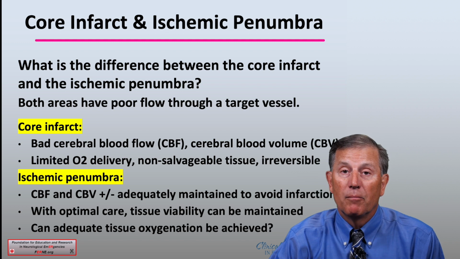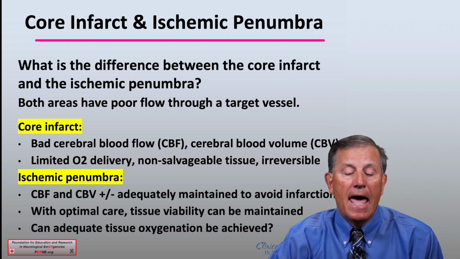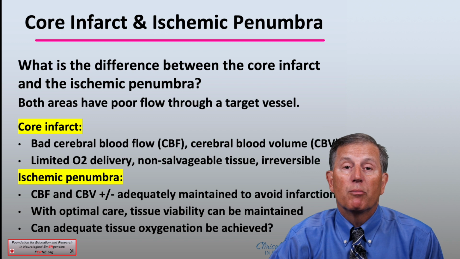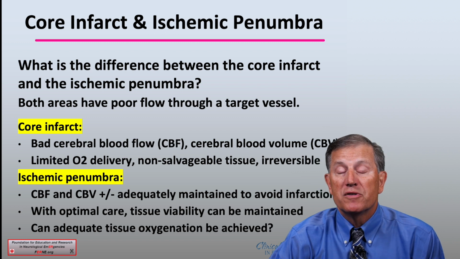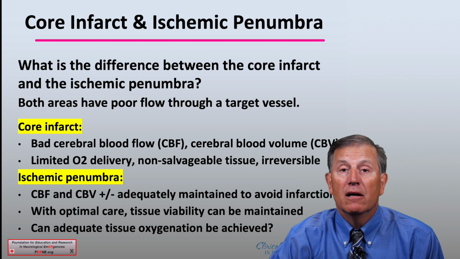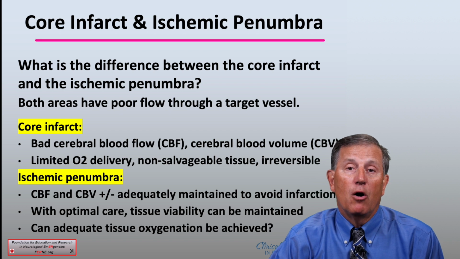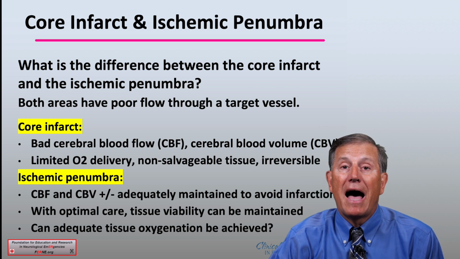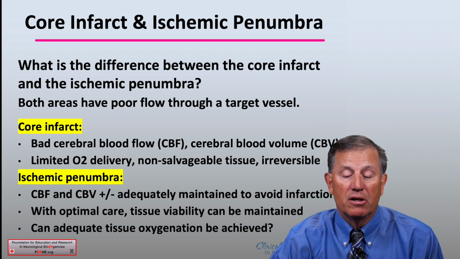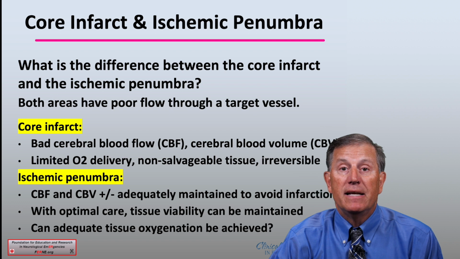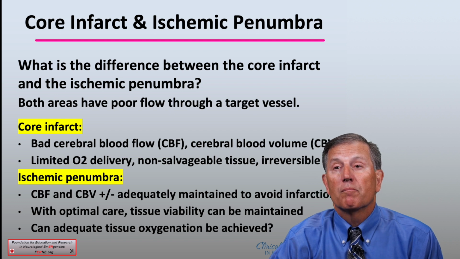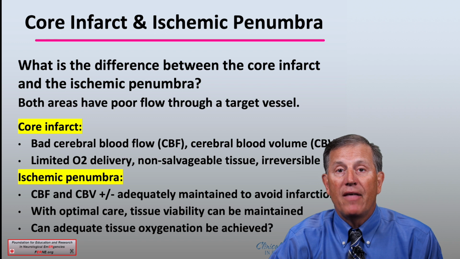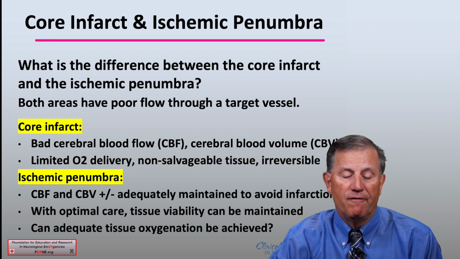The ischemic penumbra, which is different, has cerebral blood flow and cerebral blood volume which is almost adequate for maintaining tissue integrity and avoiding infarction. In fact, there's just enough cerebral blood flow and cerebral blood volume that with optimal care, early restoration of blood flow through the target lesion, tissue viability can be maintained and the ischemic penumbra will not then become dead core infarct.